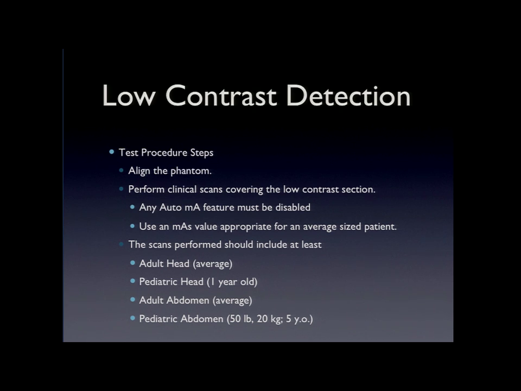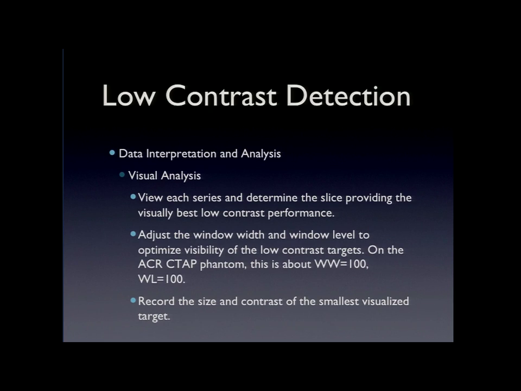You need to disable auto mA because the Phantom is not a patient, and you'll get really low results and you will probably fail. You need to disable any of these iterative reconstructions that are on there because that could result in a non-defined type of situation. So you acquire the image and get the series.